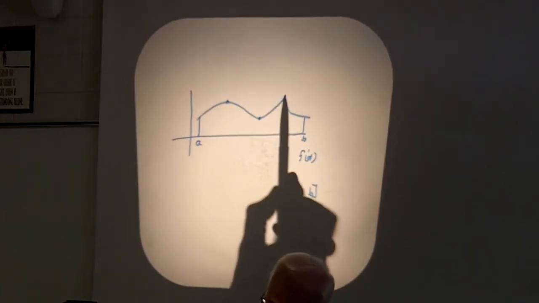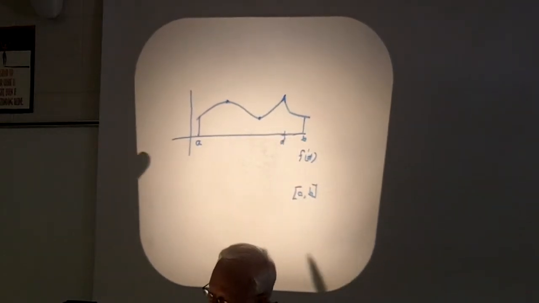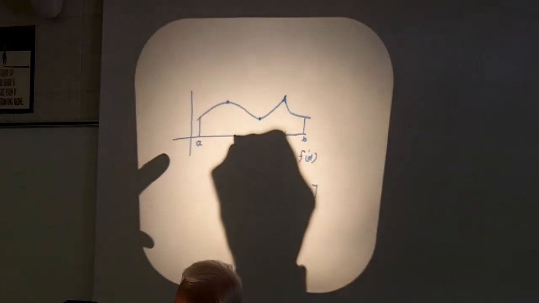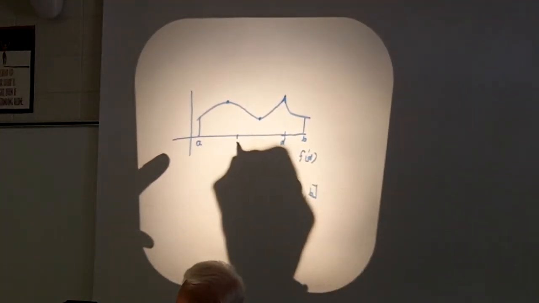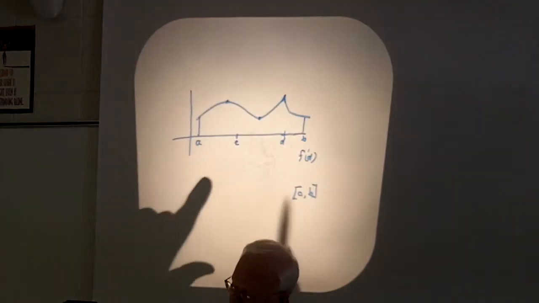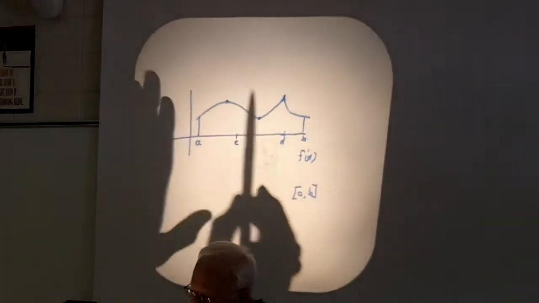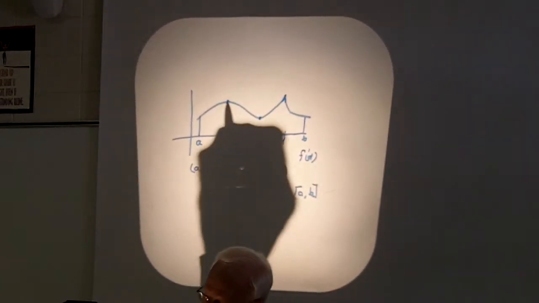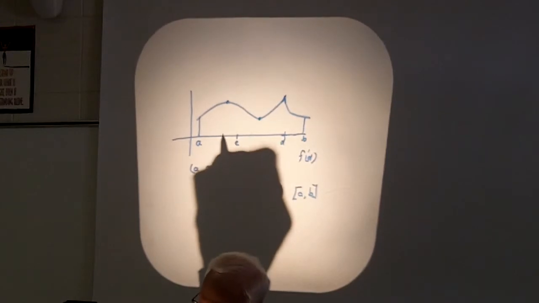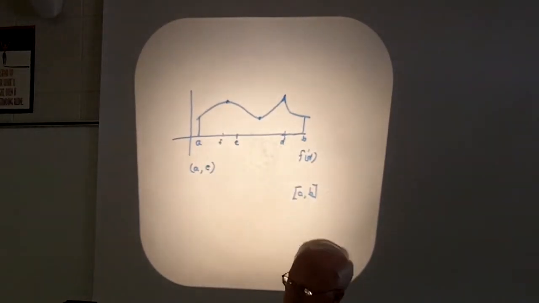This is the highest point. Now, if I call this point over here E, I don't want to go to C yet, then in between, on an open interval from A to E, the max would be that point right here, which we'll call F. That's for shorter little pieces as we're going along.